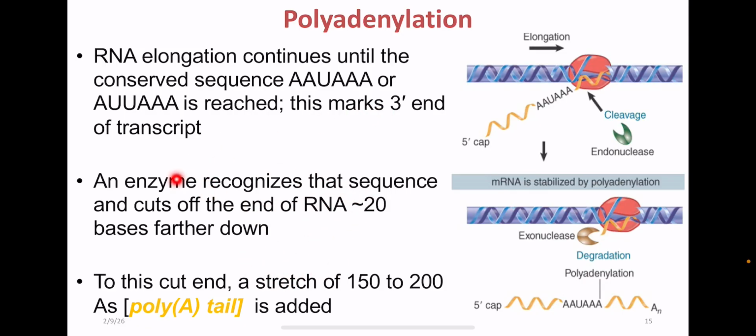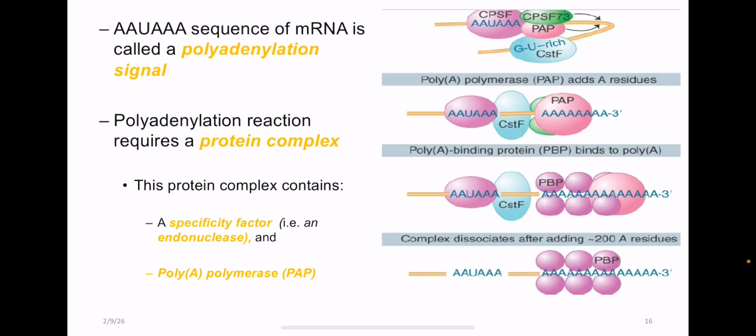The enzyme recognizes this sequence and cuts the RNA about 20 bases further down. Then the enzyme polyadenylase brings in the poly A tail and adds it to the tip of the RNA. The AAUAAA sequence of the mRNA is called the polyadenylation signal.